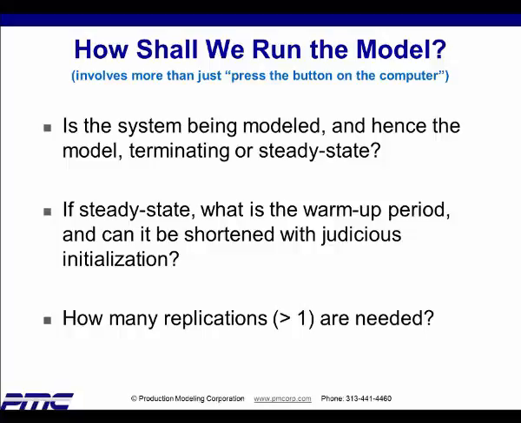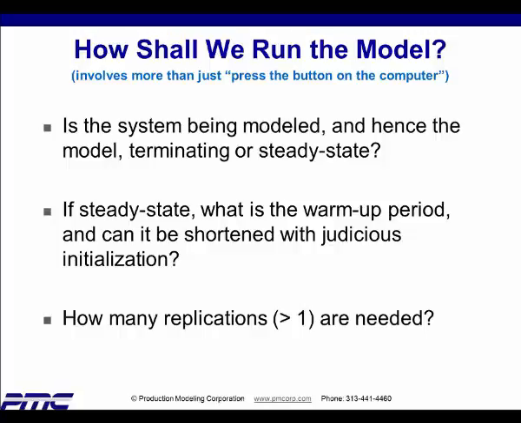If you're modeling a bank service to the customers, that's much more likely to be terminating. The bank closes and empties at 6 o'clock at night, and it opens empty at 9 o'clock the next morning. So assuming your model is terminating, the correct warm-up time is 0.